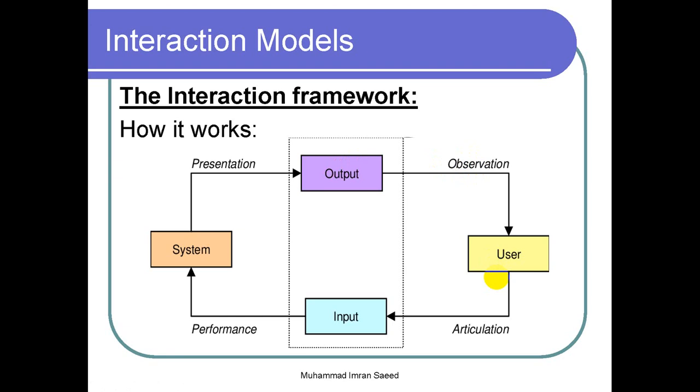Whenever we are on a trip or in some party, we ask our friends, okay, take my camera, take my mobile, and take a group picture. So normally a user articulates, he clicks the button or the video recording button, whatever we want to do, take a picture or take a small video clip.